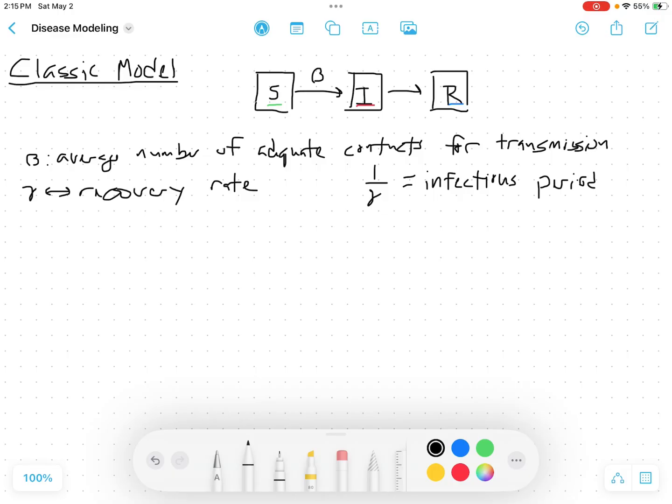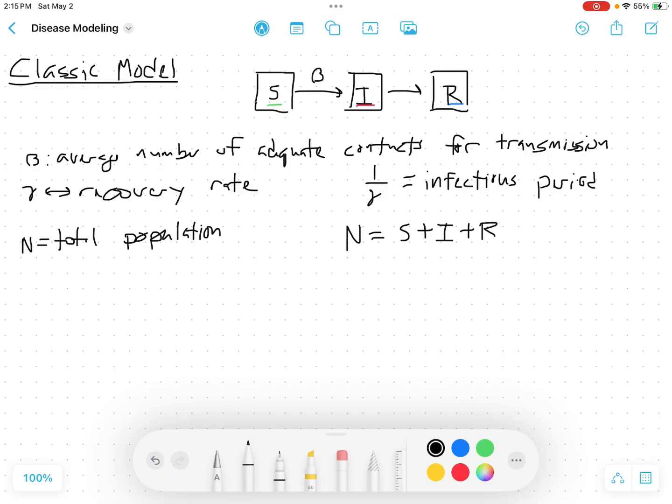So we've got those two things, and then we're going to say that N is going to be the total population. And we're going to assume that everybody in the population falls into one of these boxes, so N would be equal to S plus I plus R.